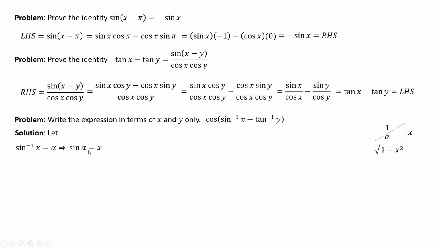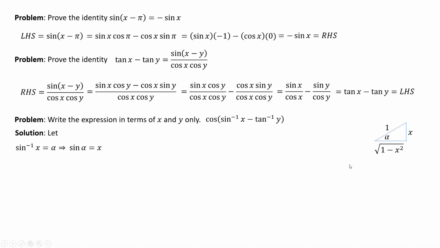When we have sine alpha equals x, we draw a right triangle, and label one of the non-90 degree angles as alpha, and then we say sine alpha is opposite over hypotenuse, so the opposite must be x and the hypotenuse must be 1. So what should the other leg be? By Pythagoras theorem, square root of 1 minus x squared, right?